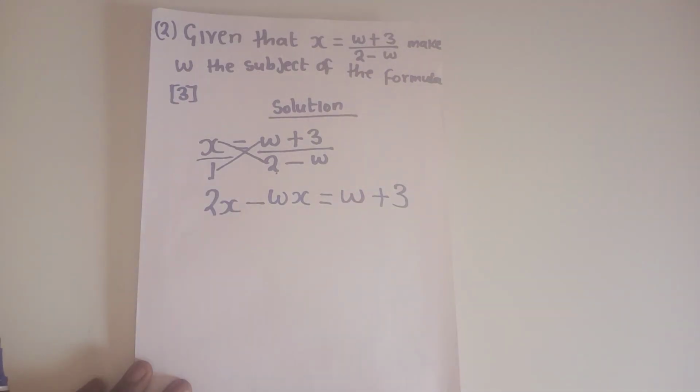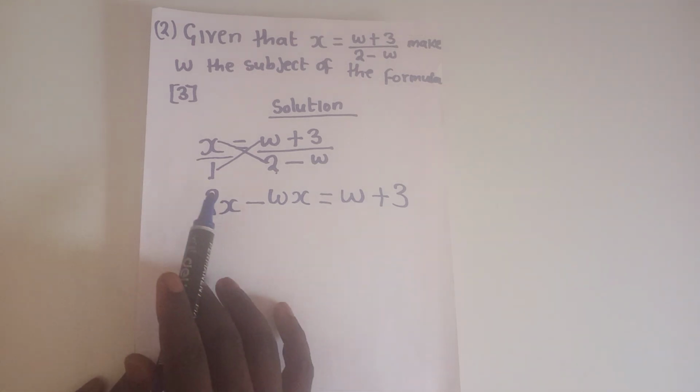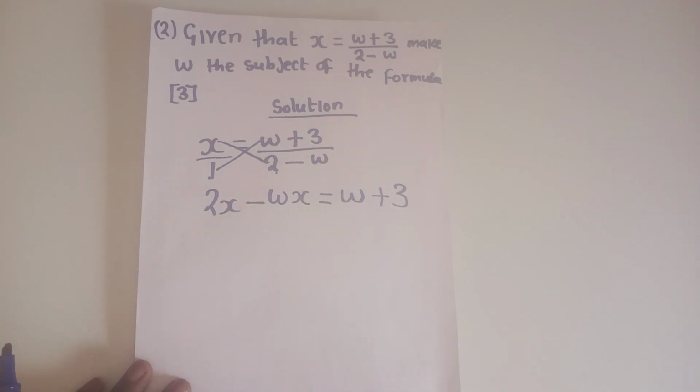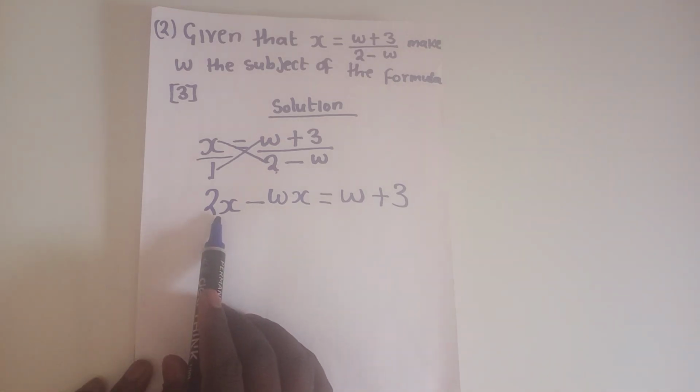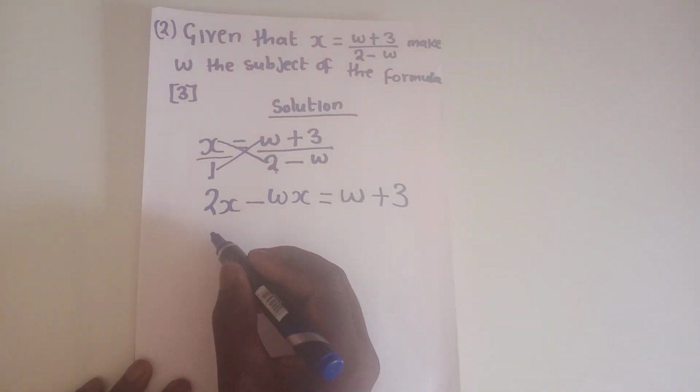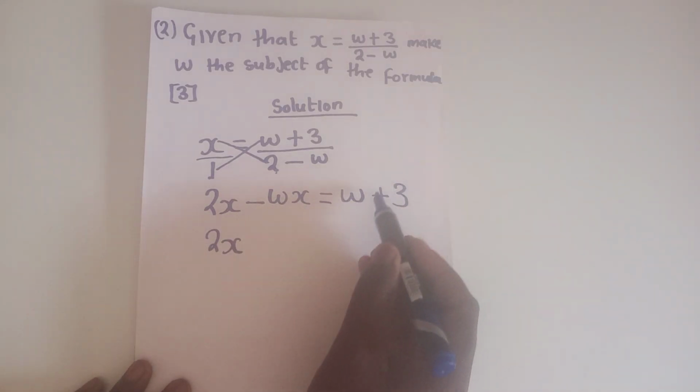So what you do here, you do what we call factorize. But before you factorize, you group the like terms. Since they said make w the subject, this is 2x you have seen here, so it will be 2x. This one was a positive 3.